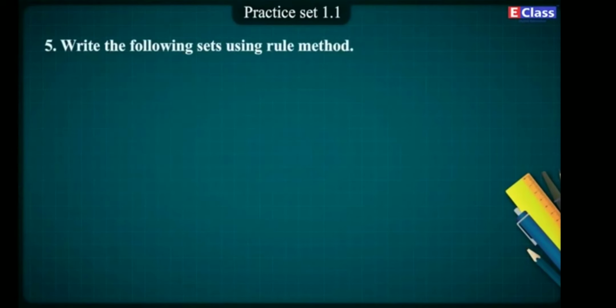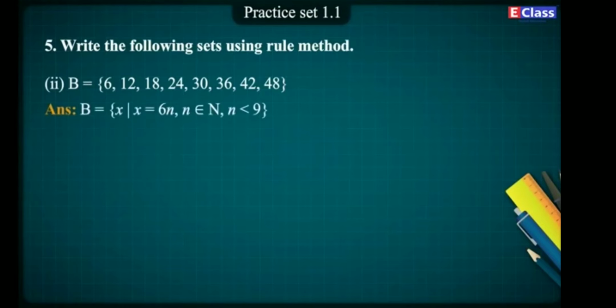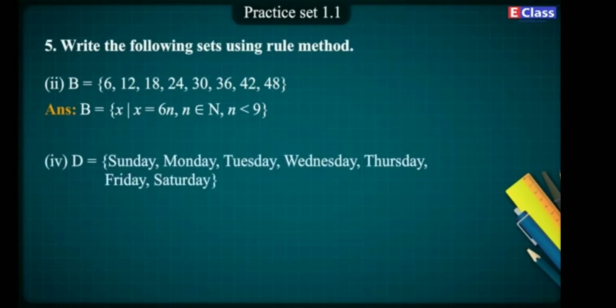5. Write the following sets using rule method. 2. B = {6, 12, 18, 24, 30, 36, 42, 48}. Answer: B is a set of x such that x is equal to 6n, where n is a natural number and it is smaller than 9. 4.